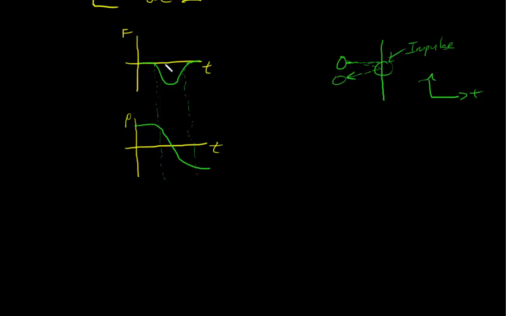Up here, this area under the curve is the impulse. And this has been added to find the new momentum. So this amount right here is under the curve. In this case, since it's below the line, this is a negative area. So it decreases the momentum. All right, this is just to give you a feel for it.